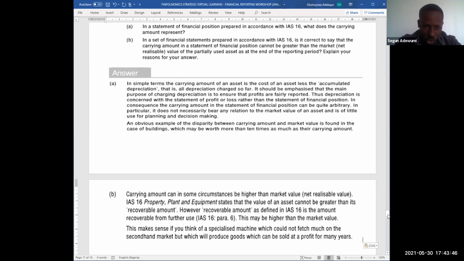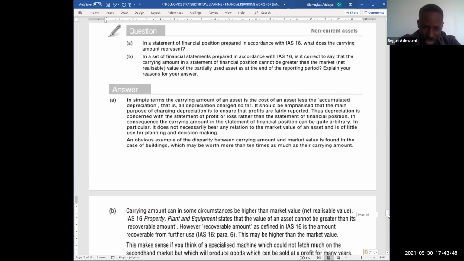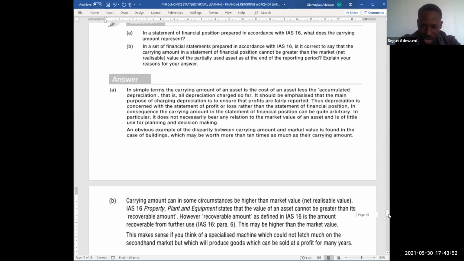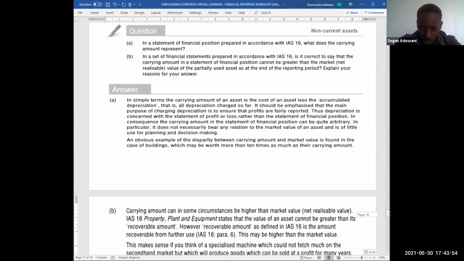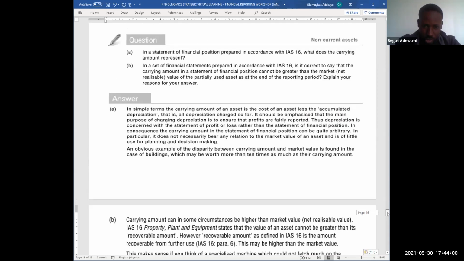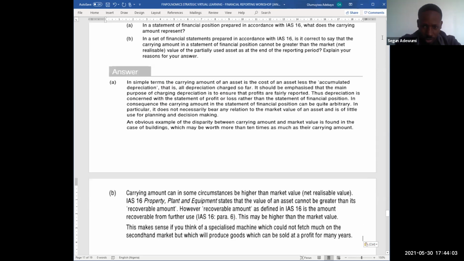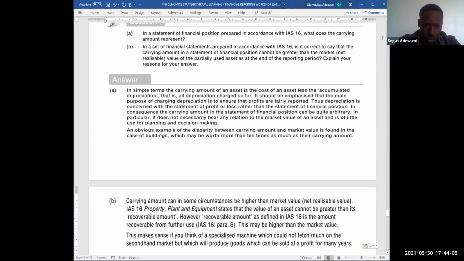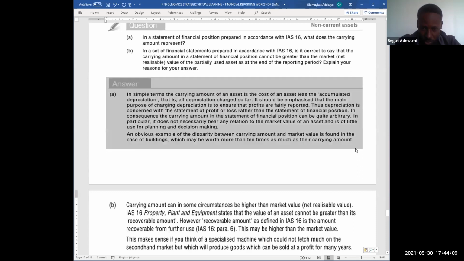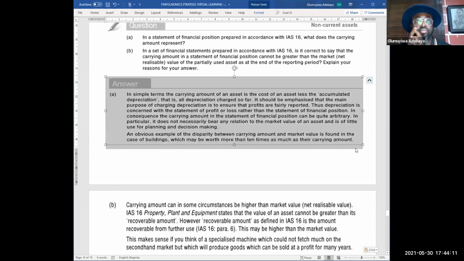In particular, it does not necessarily reflect any relation to the market value of an asset and is of little use for planning and decision making. An obvious example of the disparity between carrying amounts and the market value is found in the case of buildings, which may be worth more than 10 times as much as carrying amount.